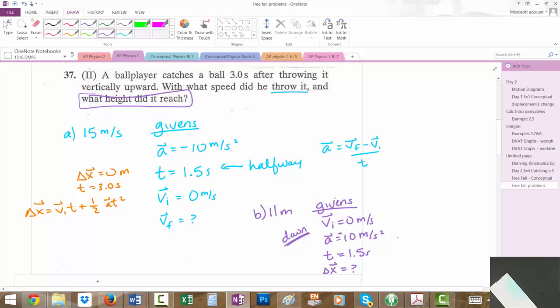Now, is there an advantage or a disadvantage to doing that? The disadvantage is if you got the first part wrong. But won't they give you error carry forward? They will, yes, but sometimes it will result in you getting an answer that makes no sense.